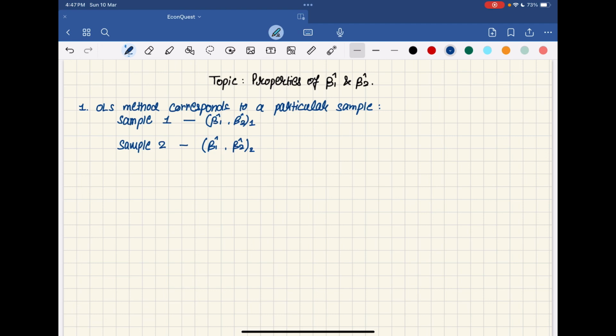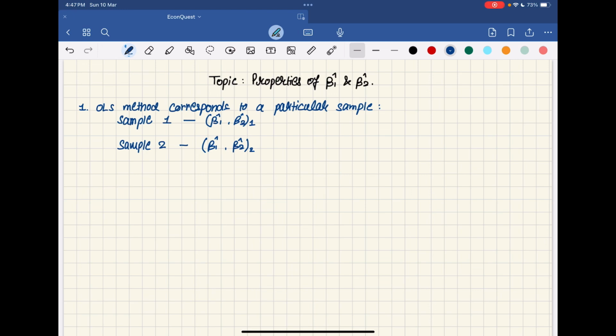You can have many samples in theory, right? From each sample you will get a pair of beta 1 hat and beta 2 hat, right? So the values of beta 1 hat and beta 2 hat should be distributed in a probability distribution. Okay, so that probability distribution should have the mean and should have the variance.